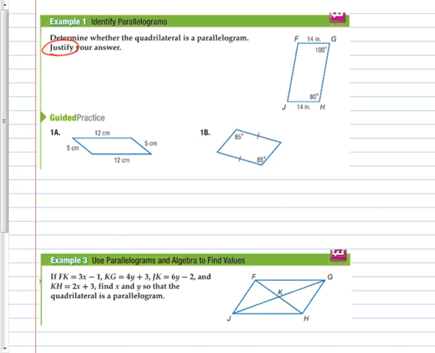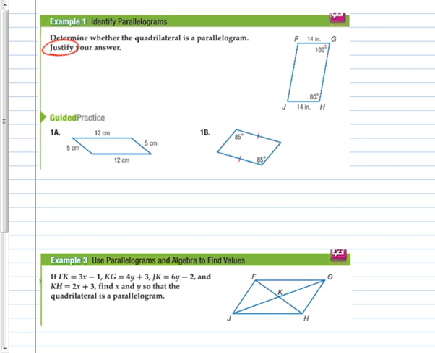Let's start with your first statement. What good does it do me to know that these things are supplementary? True. Thought your hand was up. What does that tell me? It tells me something important, that those consecutive angles are supplementary.